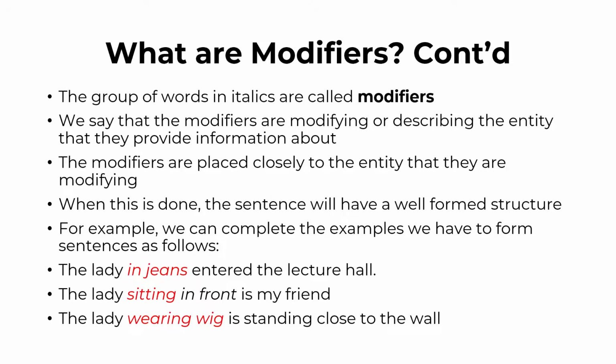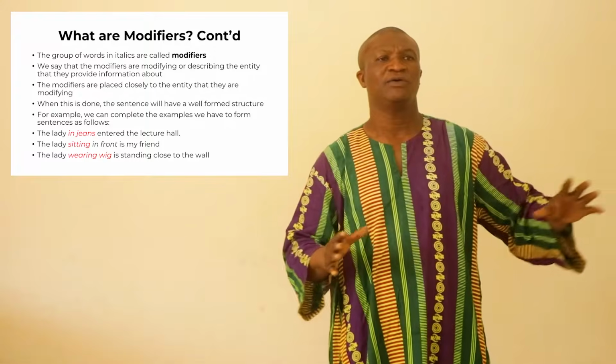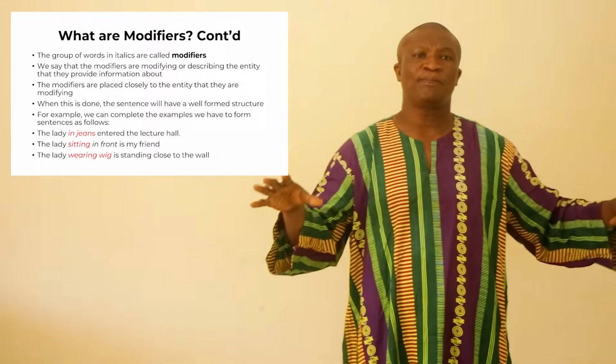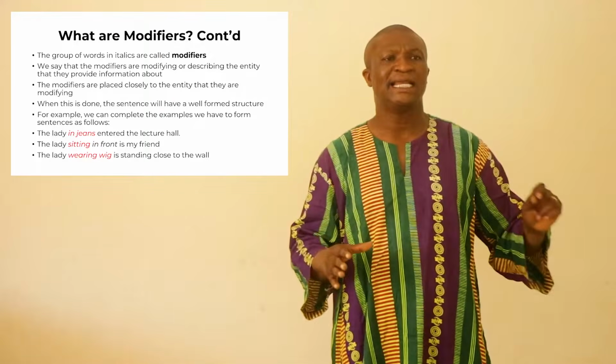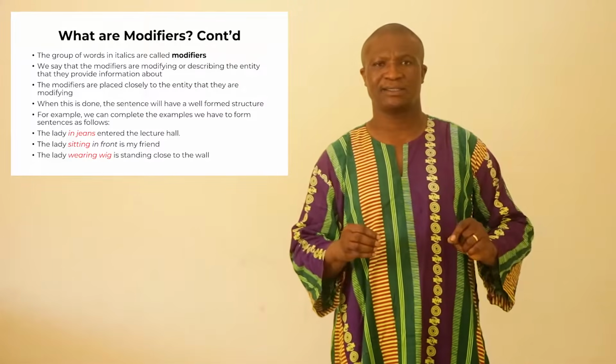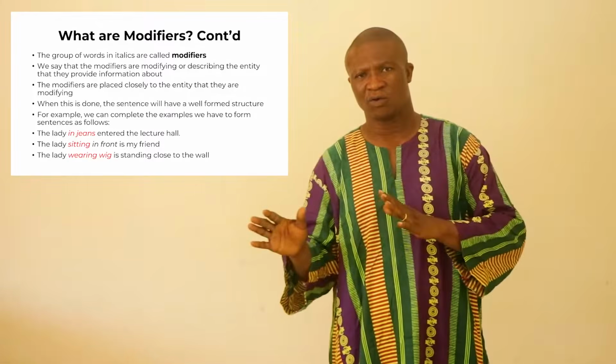Now let's see how that occurs in a sentence. In writing, the modifiers are usually placed very close to the entity that they are modifying, and that makes the sentence well formed. For example, we can complete what we started by saying, the lady in jeans entered the lecture hall.